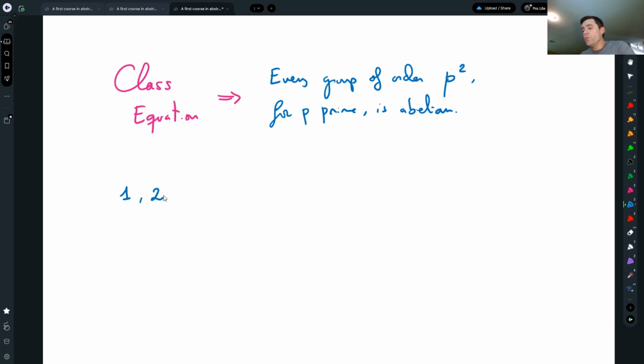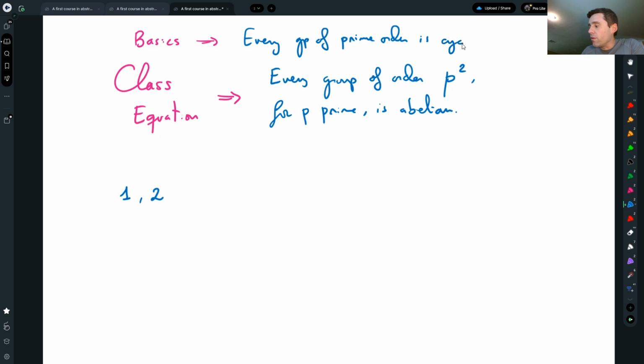Groups of order 2, we also have, like from basics, that every group of prime order is cyclic and therefore abelian. So groups of order 1, groups of order 2, we know those are cyclic.